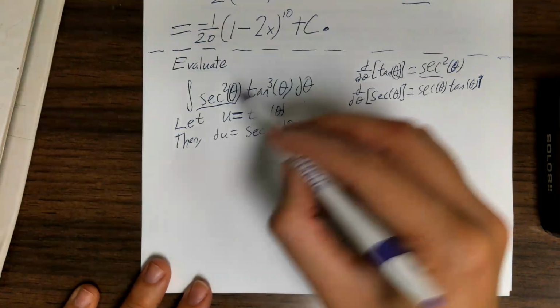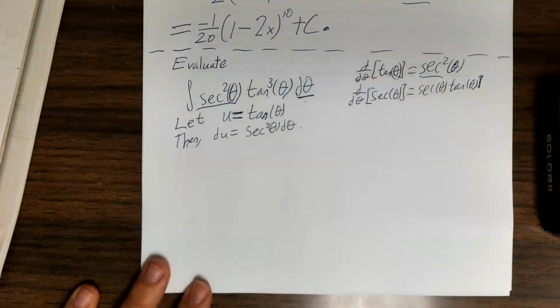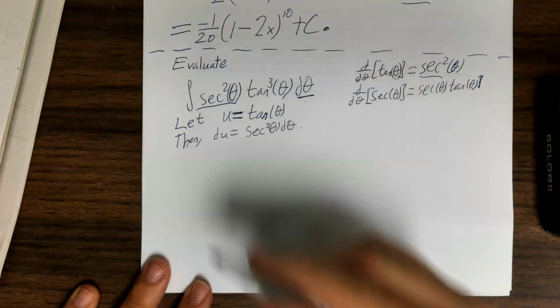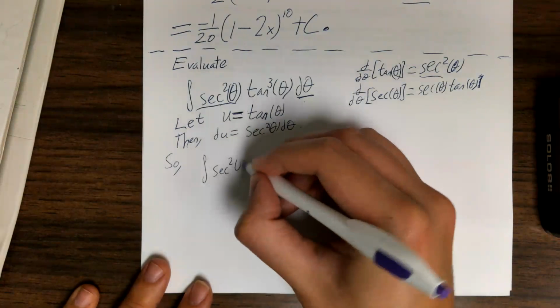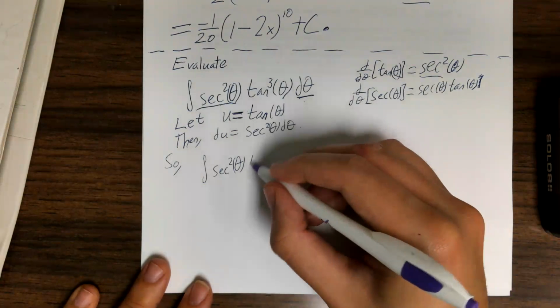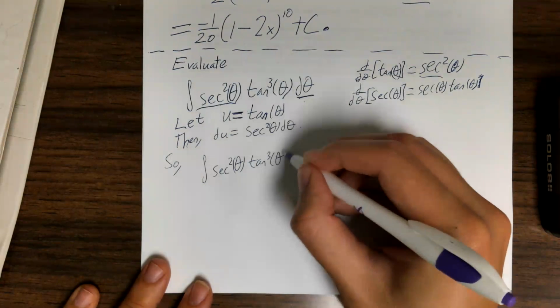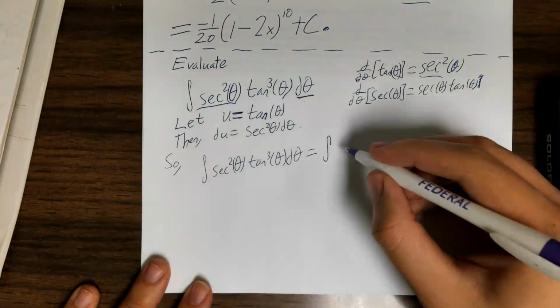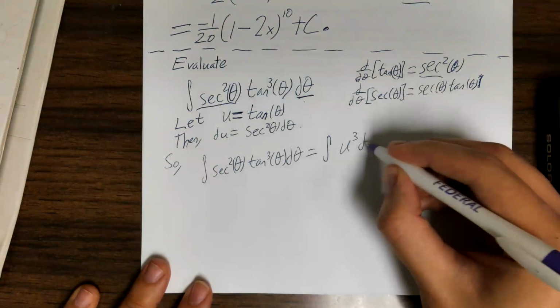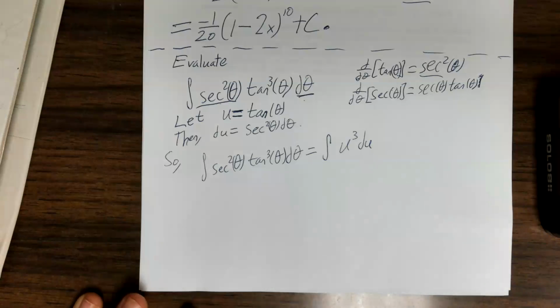Well, turns out I actually have that right there in our integral. So the integral of secant squared theta times tangent cubed theta d theta in terms of u now is actually u cubed du. I didn't even have to divide by a constant this time or multiply by anything. The differential of u was actually right there in the integral.